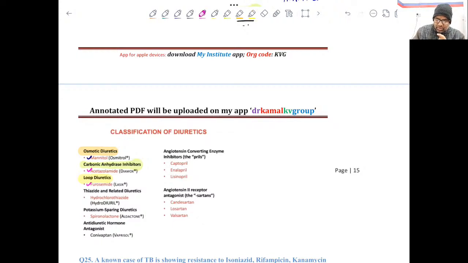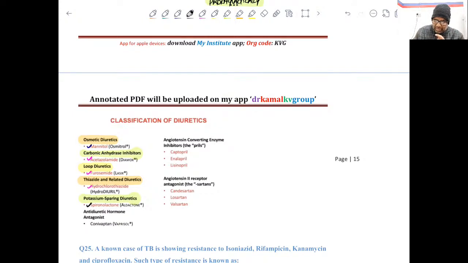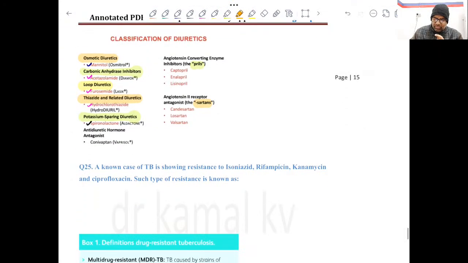Then there are thiazide and related diuretics, especially hydrochlorothiazide. Then potassium sparing diuretic, we already discussed about spironolactone and its interaction with ACE inhibitors. Okay. Then ADH antagonist, this is conivaptan, or ACE inhibitors, that is all the prils, or the angiotensin 2 receptor antagonist, that is sartans like candesartan, losartan, or valsartan.